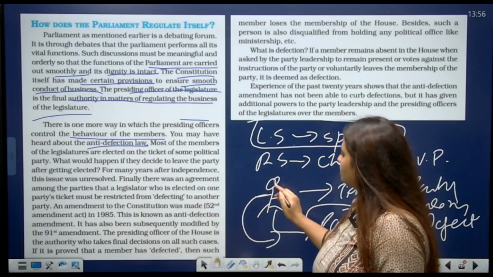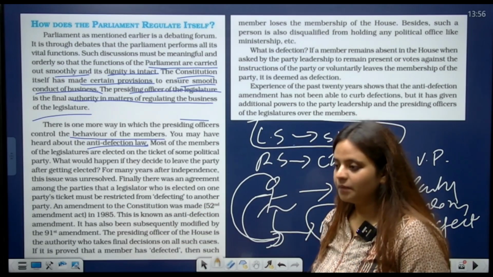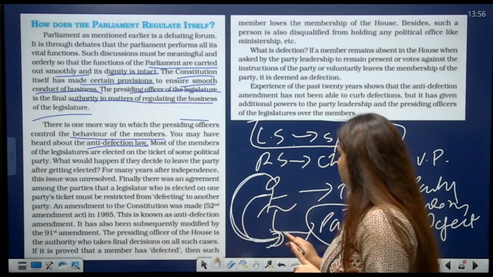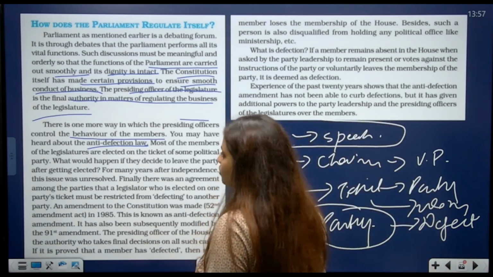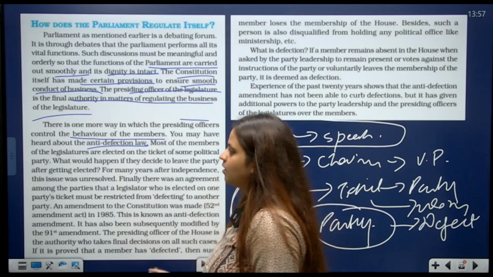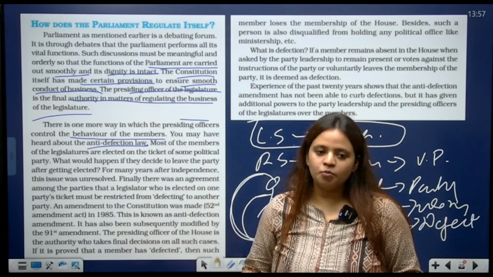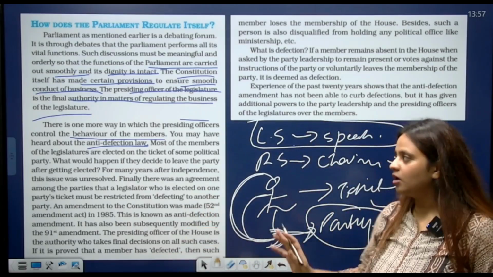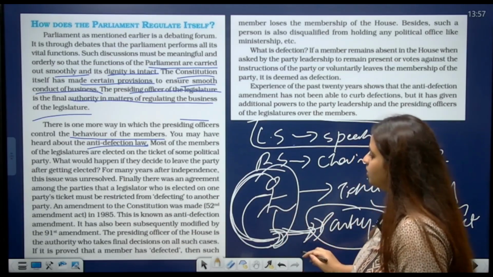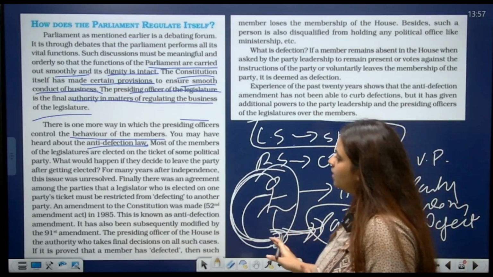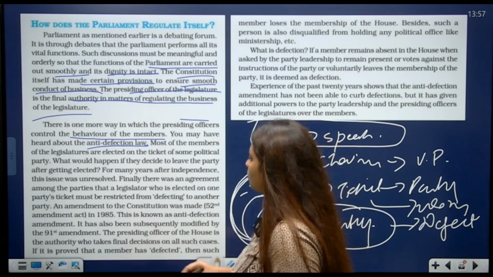If the person changes his party after being elected, this is known as defection. This is a maltreatment that is done in the society. So an anti-defection law is there which curbs the activity of defection, so that no fraud can happen in the society.